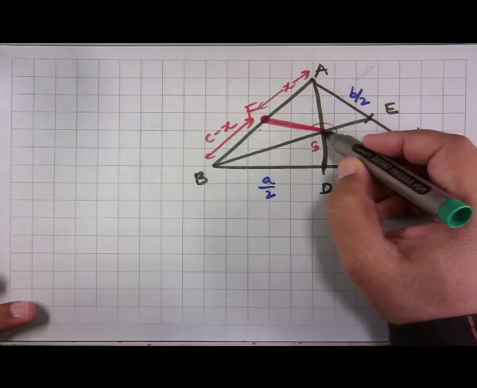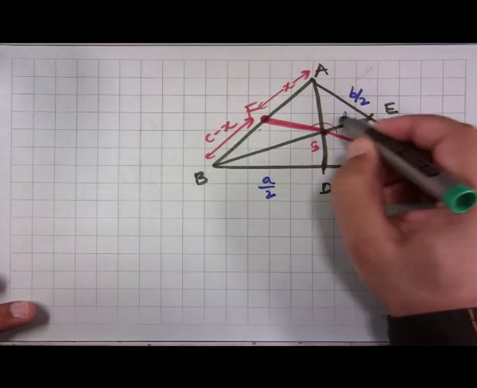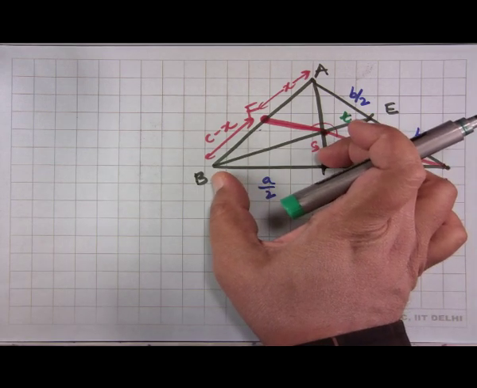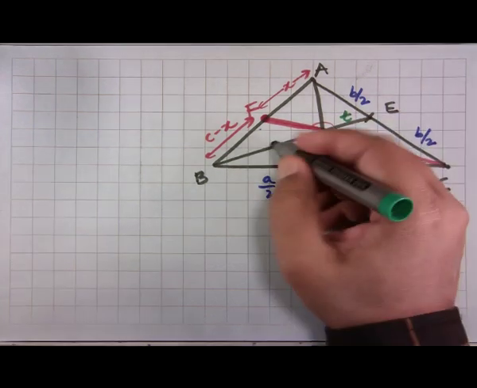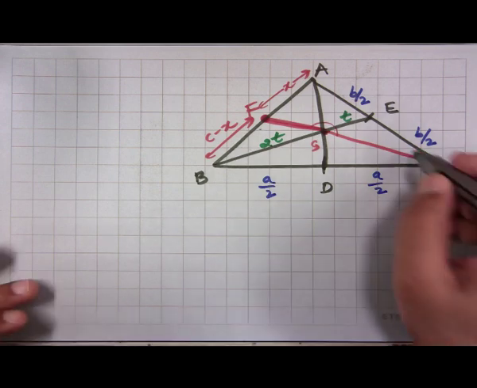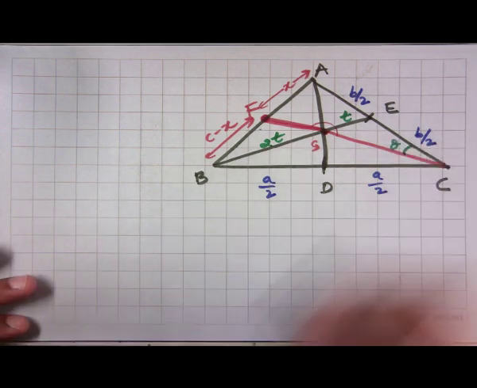So let us denote this length GE by t. Then obviously, as we just saw now, this length BG has to be twice of this length, so it is going to be 2t. And let's say that this angle is theta.